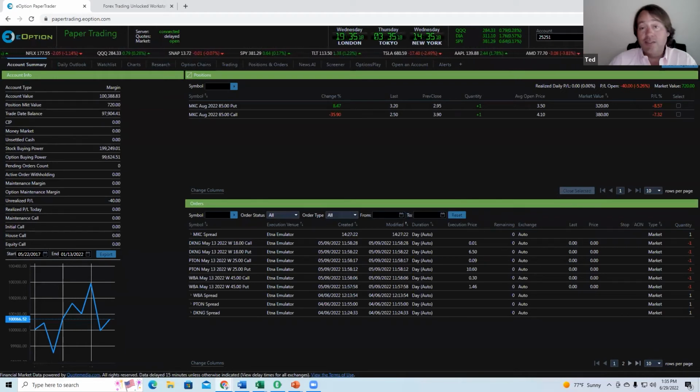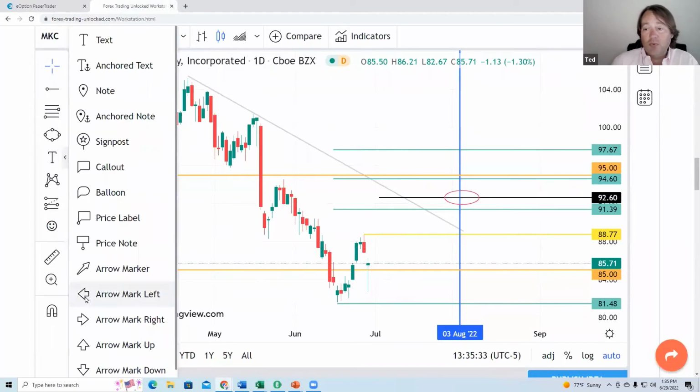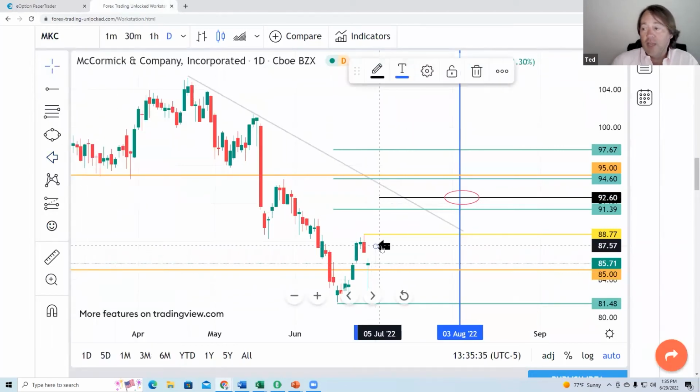I use those strategies in all markets, even for options. Take McCormick, this is a really good question: let's say we had a high probable Japanese candlestick pattern, which guess what? Yesterday we did. So since you brought it up, what would I do on my strategy?